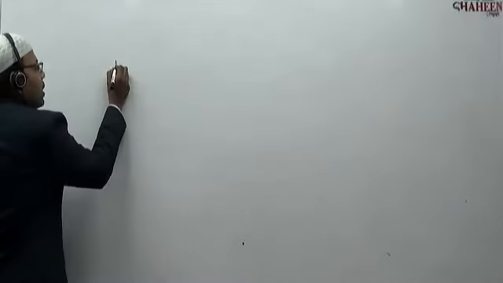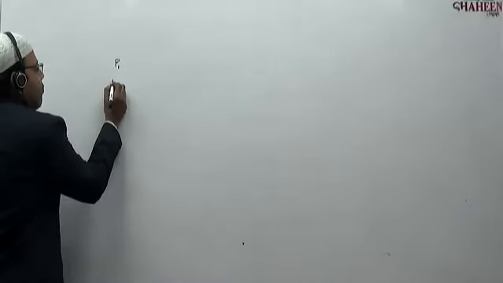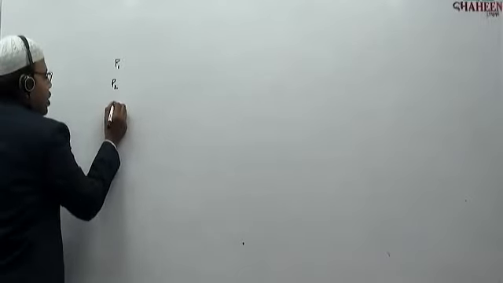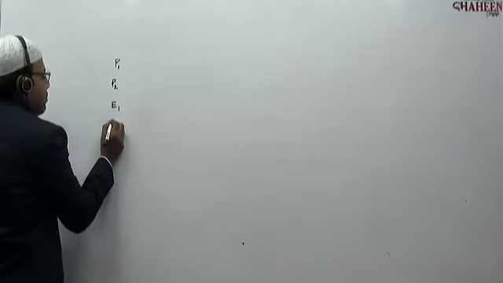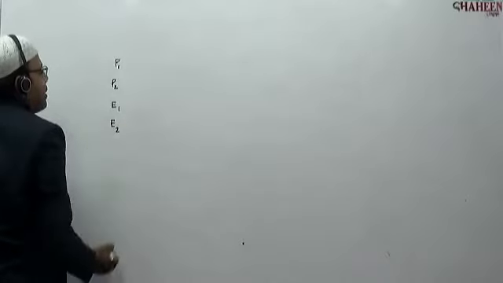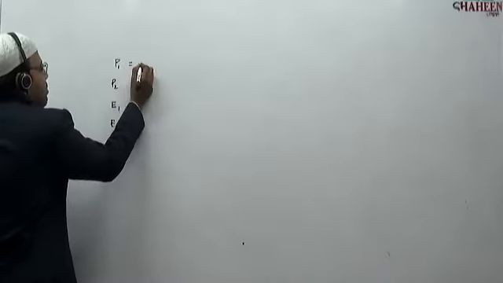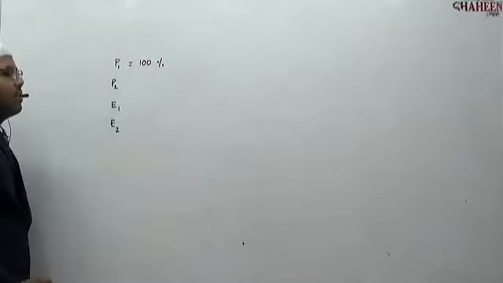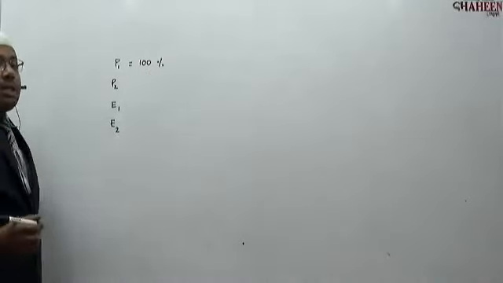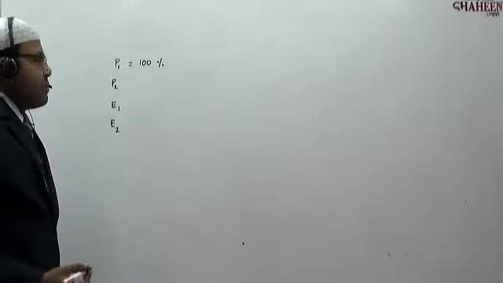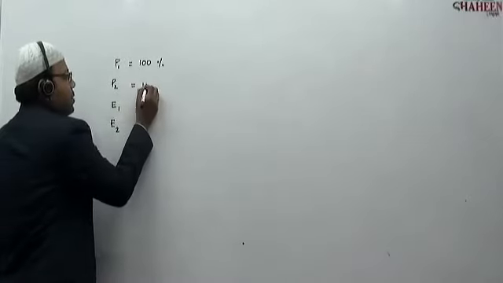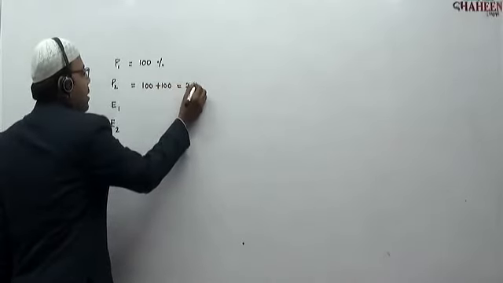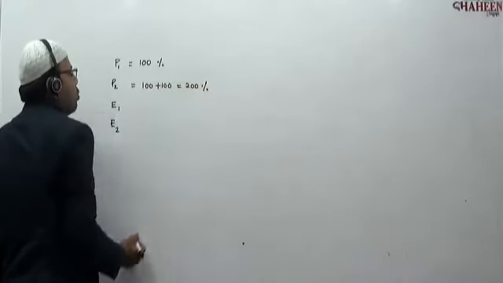Now, initial momentum, final momentum, initial kinetic energy, final kinetic energy. Here we don't know the initial momentum, so we consider it 100%. The momentum increases by 100%, so the final is 100 plus 100, that gives 200%.